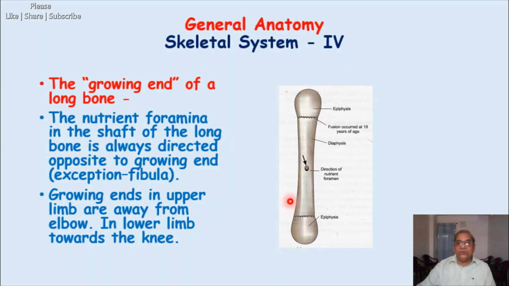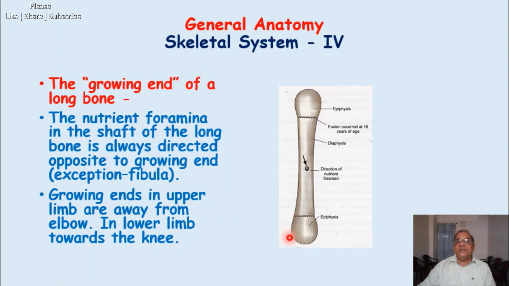So there are two rules. Now one said that the secondary center which will appear first will unite last. This was the first rule. The second, not a rule but an observation, is that the nutrient foramina is always directed opposite to the growing end.